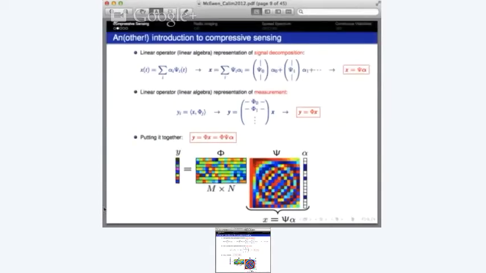So putting this together, we have our measurements Y are made by some linear operator applied to X, and X itself we can decompose into some basis or some dictionary. So here we can draw a picture of this matrix, of the system. If we have an orthogonal basis, then we get a square sparsifying matrix.